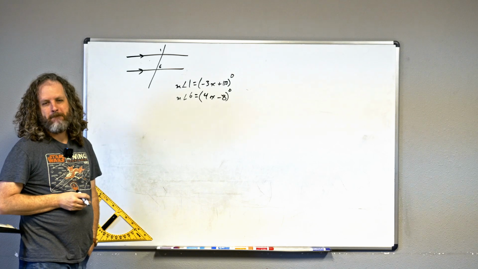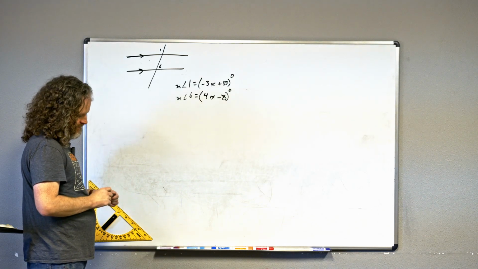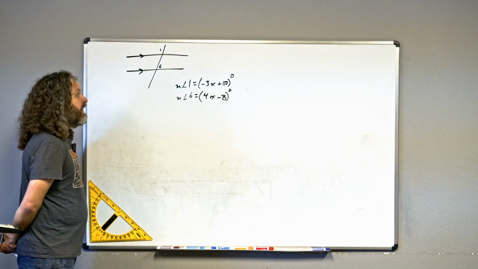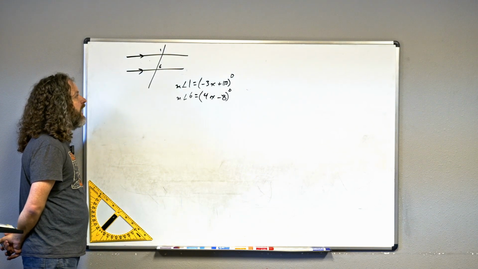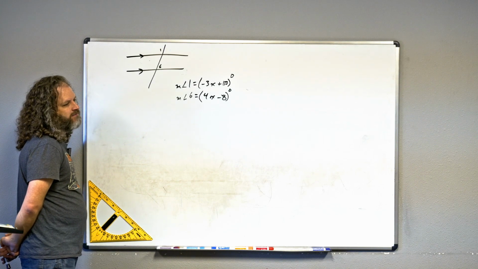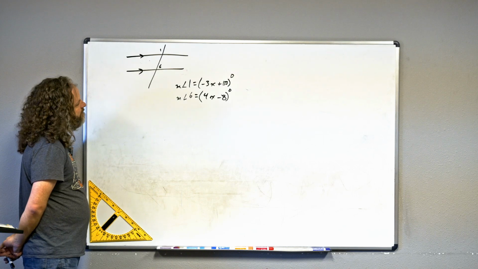Okay. So, how are 1 and 6 related? They're supplementary, but not through any direct means, right? You use corresponding angles and then they're supplementary, or you do vertical angles and same side interior. That's exactly right.